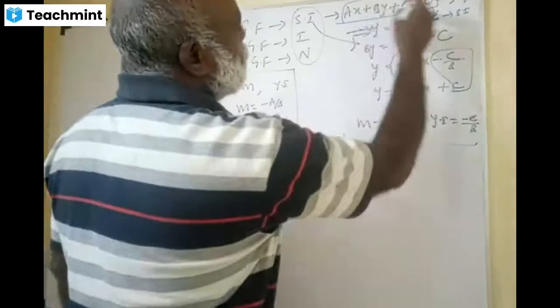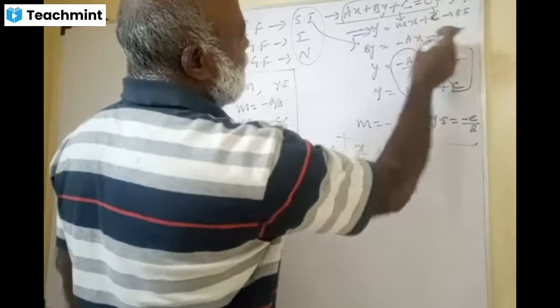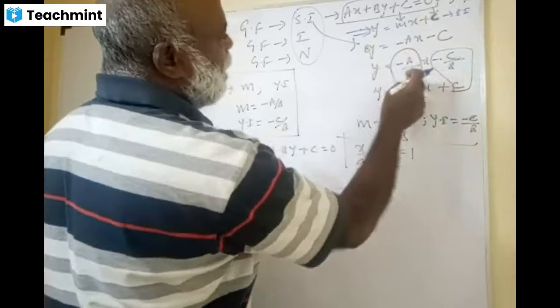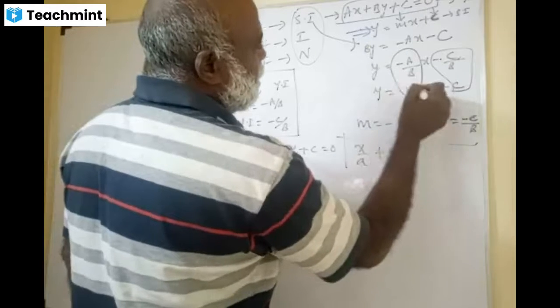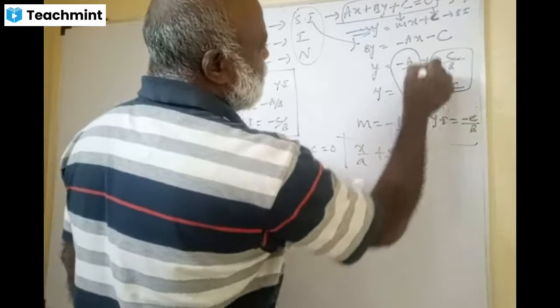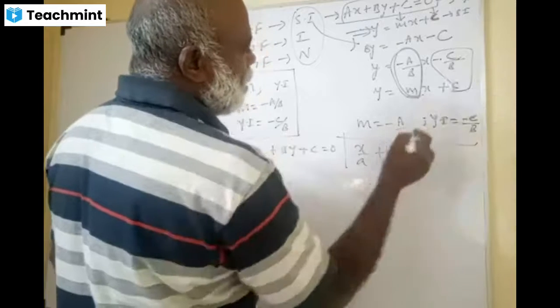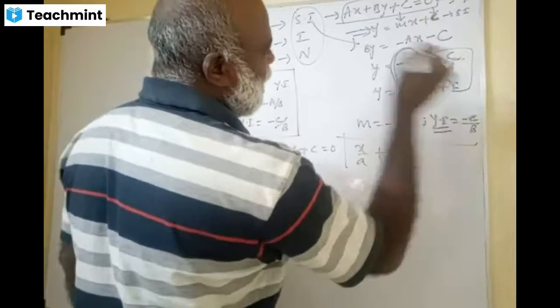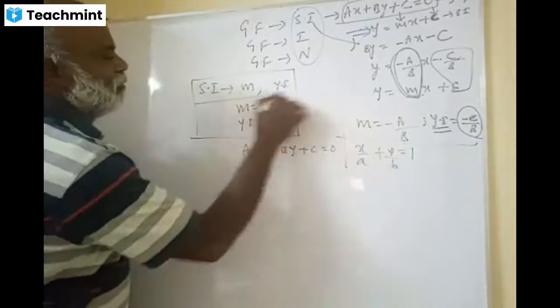By equals minus Ax minus C. Y equals minus A by B x minus C by B. Compare: m is minus A by B, and small c is called the y intercept, which is minus C by B.